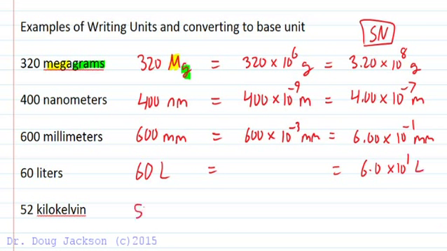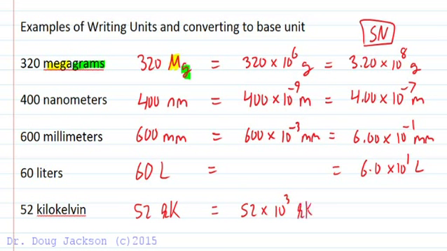52 kilokelvin. Lowercase k, capital K. In Kelvin, what does kilo mean? Kilo means 10 to the 3. These two things are equal, just like we've been saying. Okay, the meaning and the prefix are interchangeable with one another.